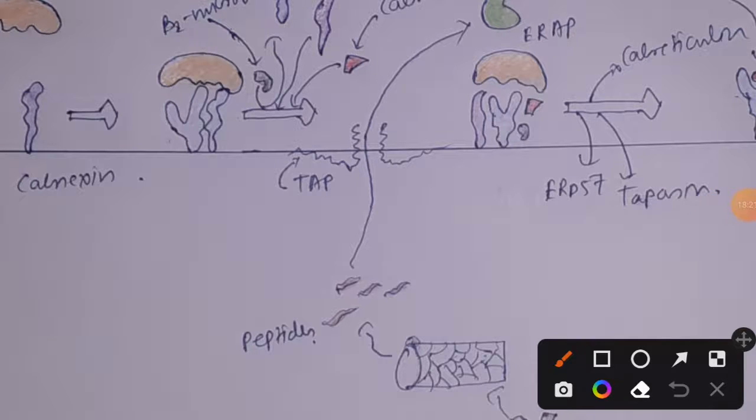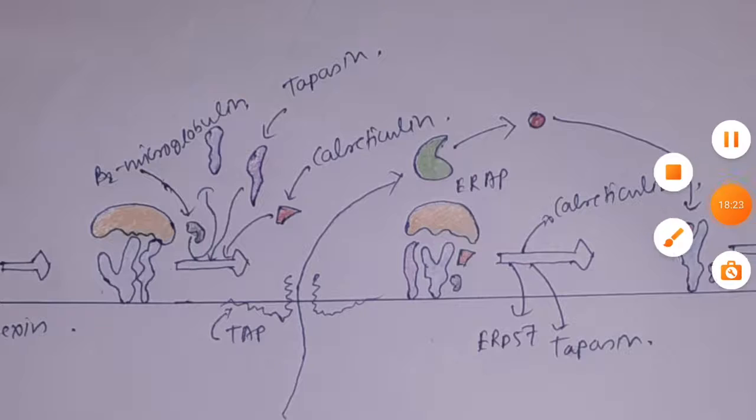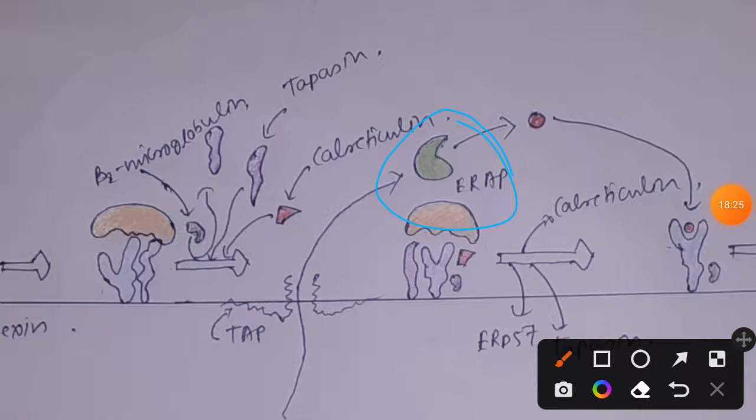So this protein here is ERAP, that is endoplasmic reticulum aminopeptidase. Okay, this protein is going to convert all the peptides into 8 to 10 amino acid peptides. Okay, now it will be presented by the MHC class 1 molecule to the CD8 T cell.